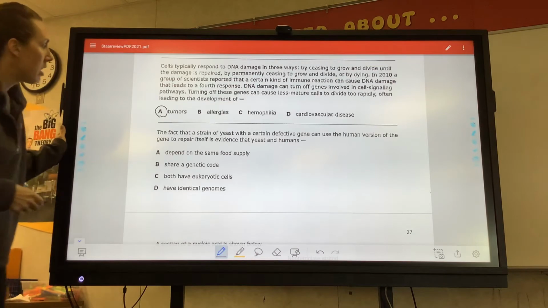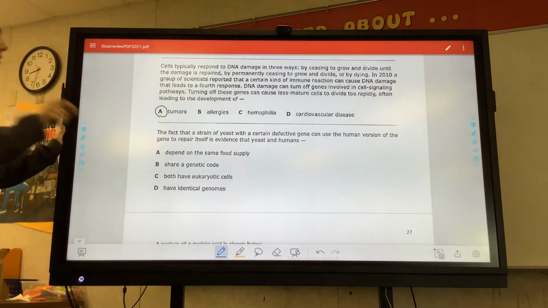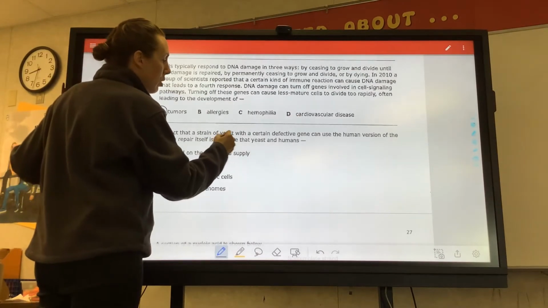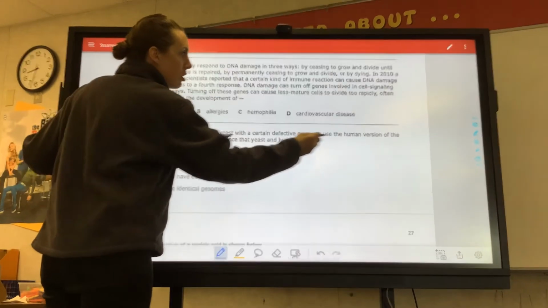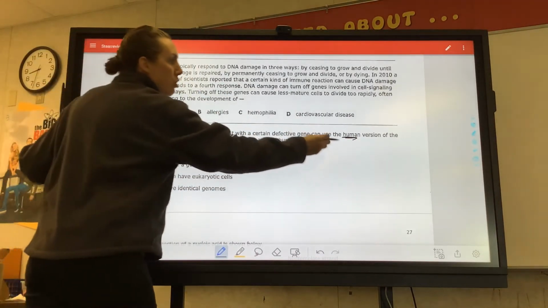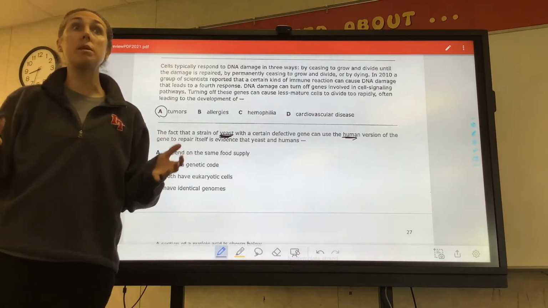Exactly. Okay, the fact that a strand of yeast with a certain defective gene can use the human version, this is on the STAR test often, guys. If yeast can use the human version, it means that that gene for yeast and humans are similar, okay?